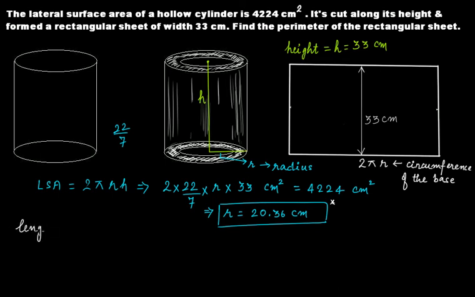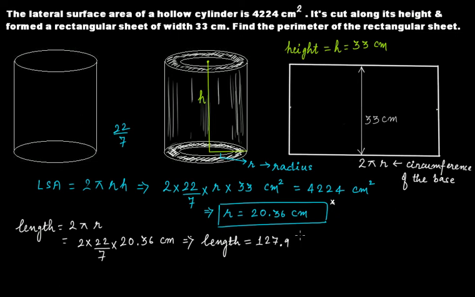So what will be the length in this case? Length will be 2 pi r, that is 2 multiplied by 22 by 7 multiplied by r, which is 20.36 centimeters. So from here the value of length is 127.9.